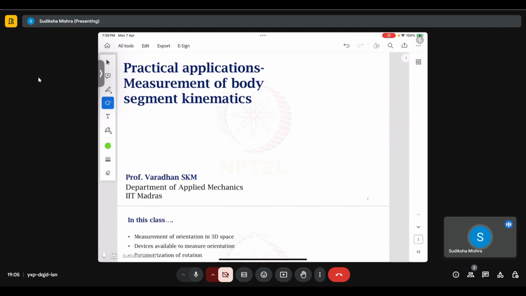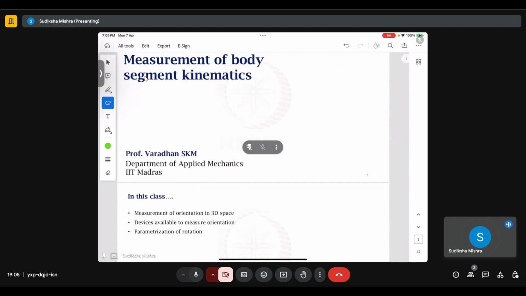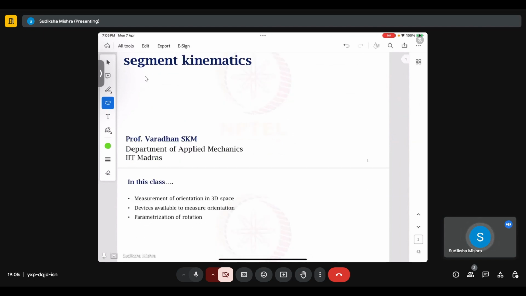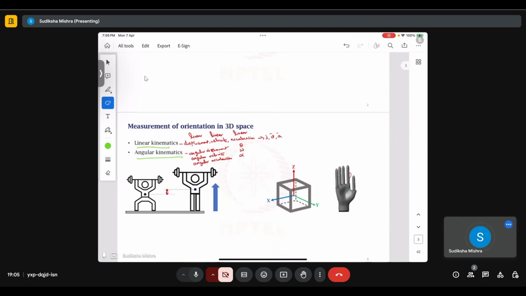This week we will be looking at the contents of week 11, which is towards understanding the practical applications such as measurements of different kinematic systems, measurements of different movements, or movements a body segment undergoes.